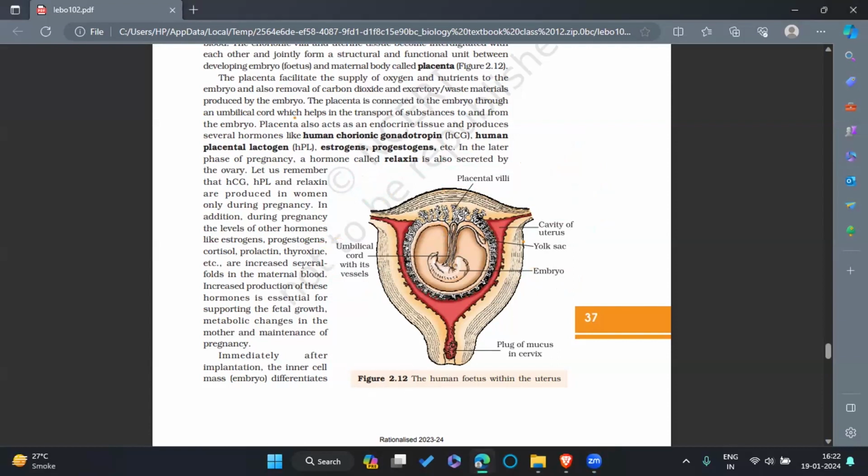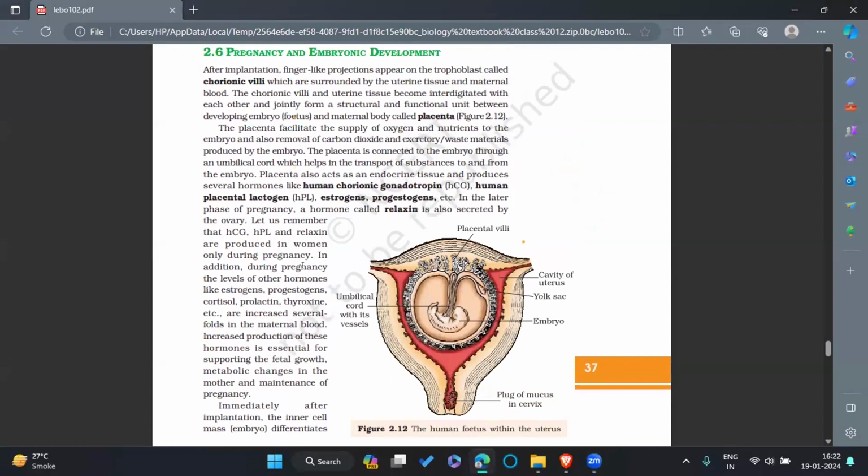Fine. Now, apart from this whole structure, we talk about the pregnancy and the development. Most of the things I've already discussed, like the chorionic villi developing from the trophoblast region, and then finally it forms a structure that is called the placenta. Now, what is the role of the placenta? Obviously, the placenta is required for transferring so many substances.